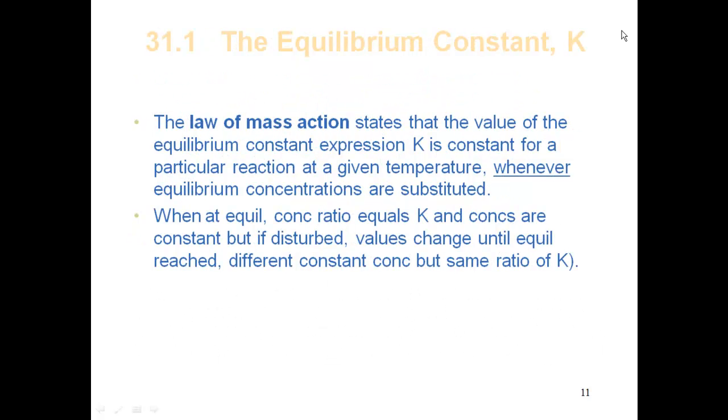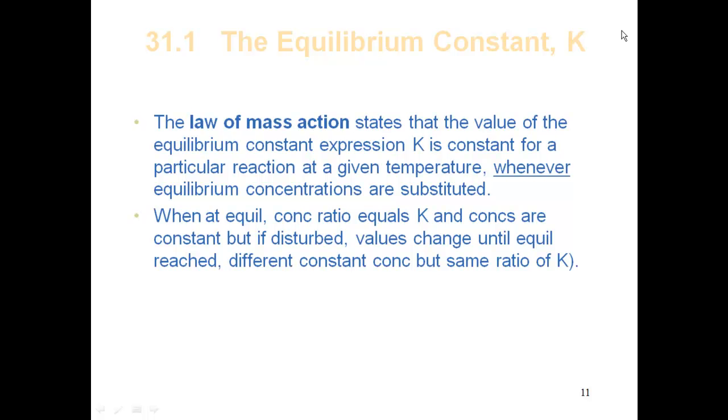The law of mass action states that the value of the equilibrium constant expression K is constant for a particular reaction at a given temperature whenever equilibrium concentrations are substituted. So as long as I put equilibrium concentrations in my products and reactants, it will be equal to that K value. When that equilibrium concentration ratio equals K and concentrations are constant, so when I get to that point that my ratio equals that K, they will stay constant.